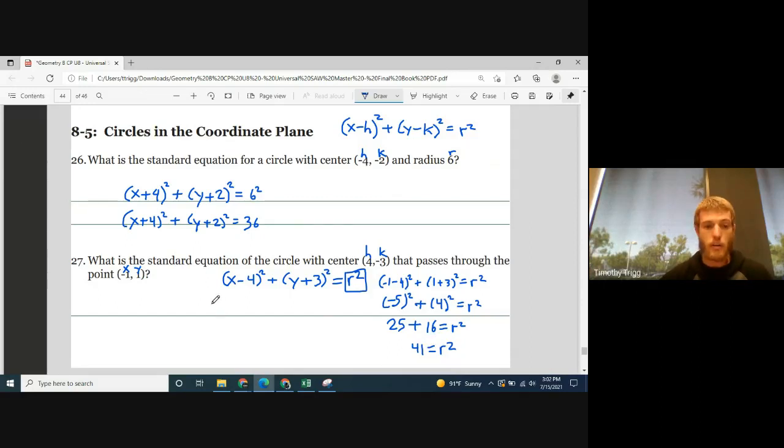So now our standard equation looks like x minus 4 squared plus y plus 3 squared equals r squared, which is 41. Okay, and that's your answer. So this is the equation of a circle that passes through this point, and this is its center.